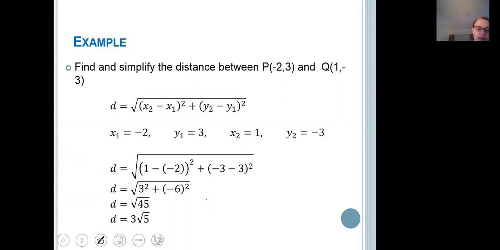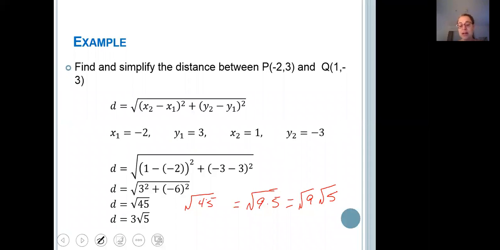Okay, so the square root of 45. We remember that 45 is 9 times 5. And I picked 9 times 5 because I'm trying to get some number that's a perfect square under there. 9 happens to be a perfect square. And then what I do is I remember that I can separate out products, so only things that are multiplied together, under a square root sign, right?